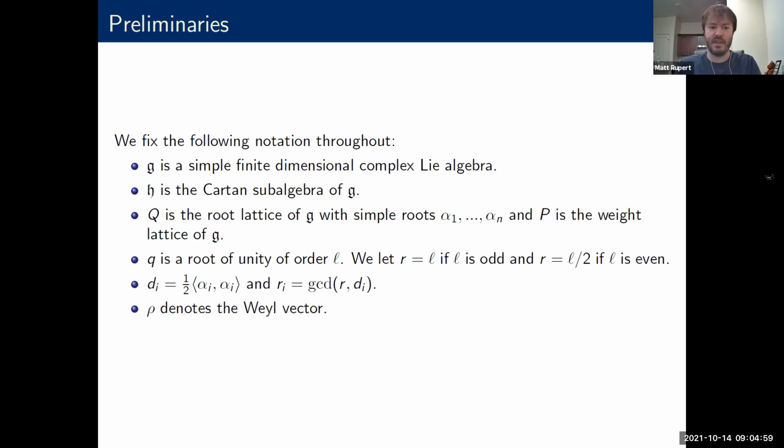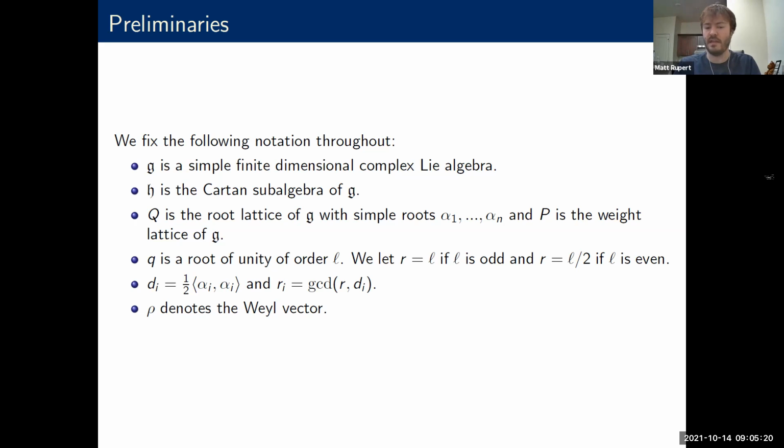Okay, so first, before giving a precise definition of what this quantum group looks like, I'll just fix some notation. Throughout the entire talk, G will be a simple finite dimensional complex Lie algebra, H its Cartan subalgebra, Q its root lattice, and P its weight lattice, with the simple roots denoted in the usual way.